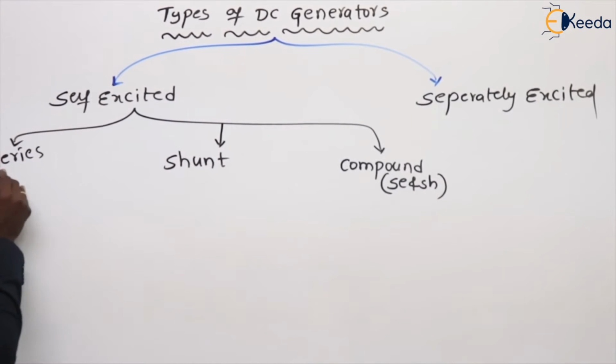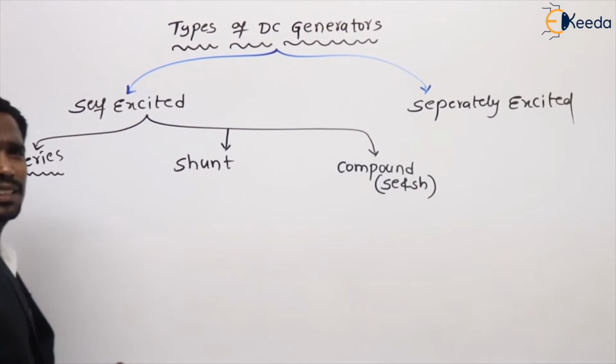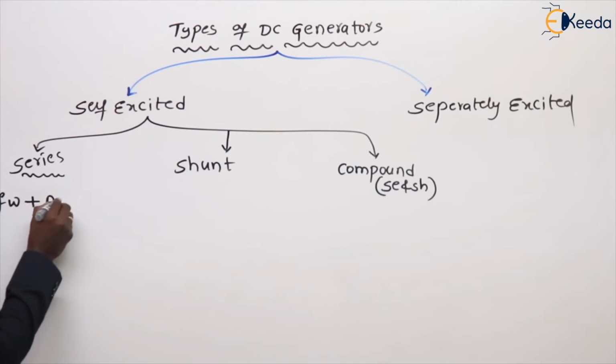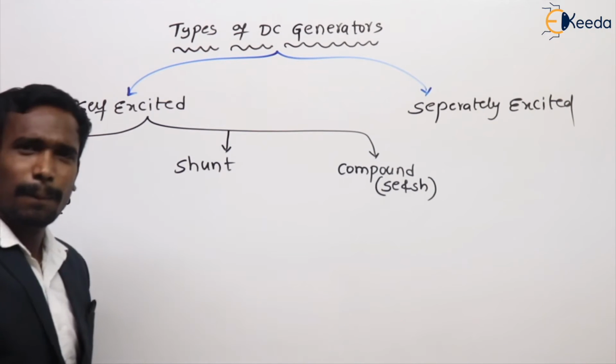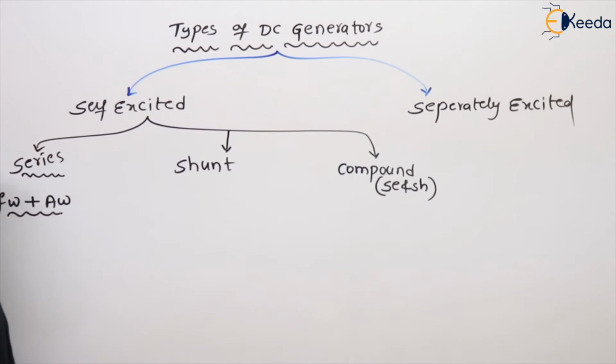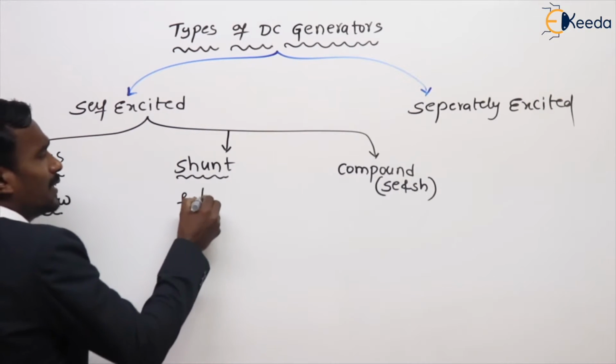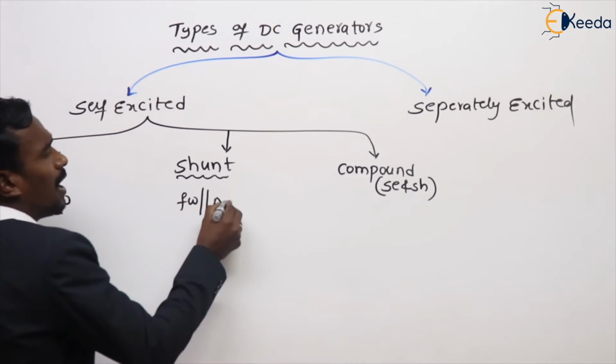What is a series generator? A series generator is one where the field winding is in series with the armature winding. What is a shunt generator? It is where the field winding is in parallel with the armature winding.